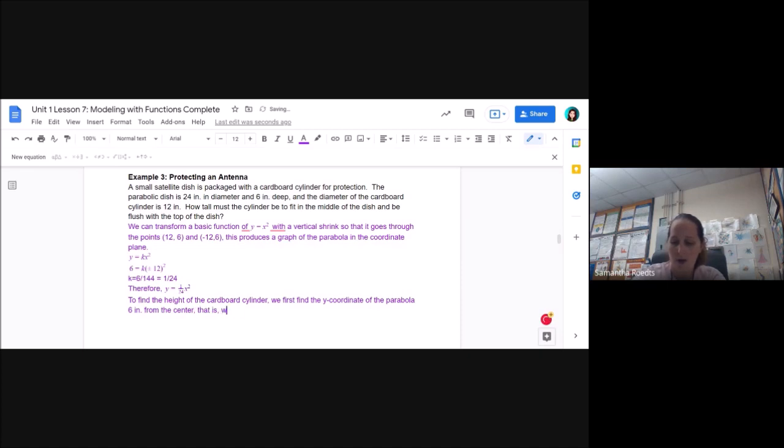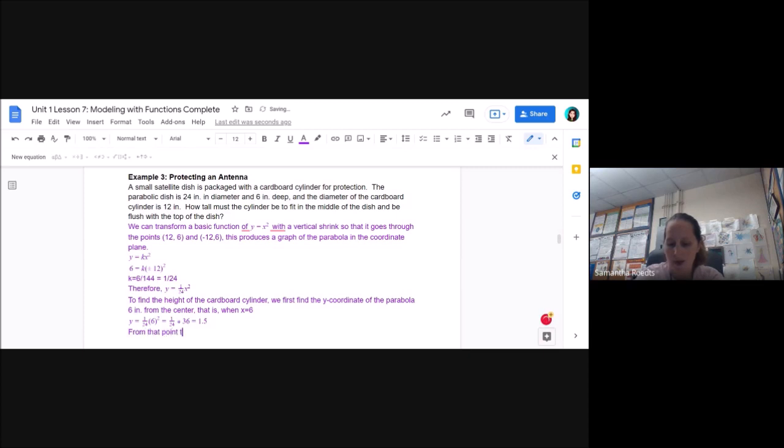That is when x equals 6. I just substitute that value into my formula, so y equals 1/24 times 6 squared, and that's going to give me 1/24 times 36, which equals 1.5.